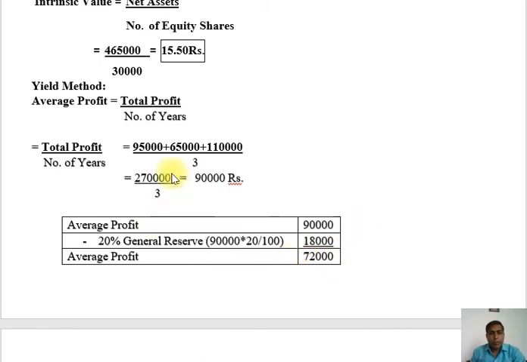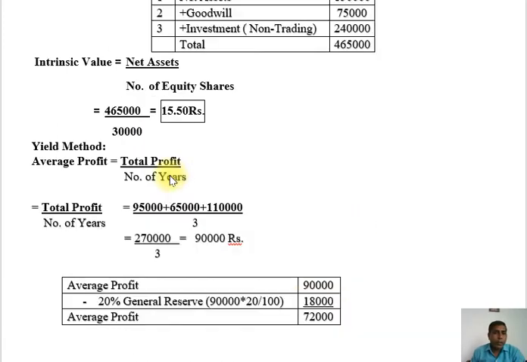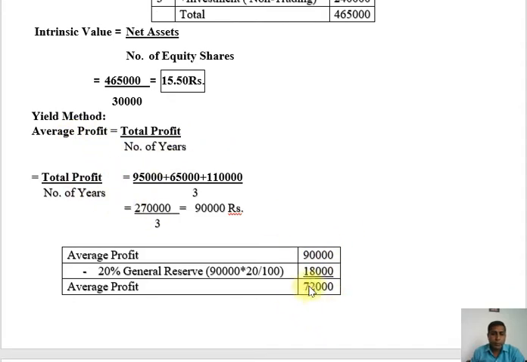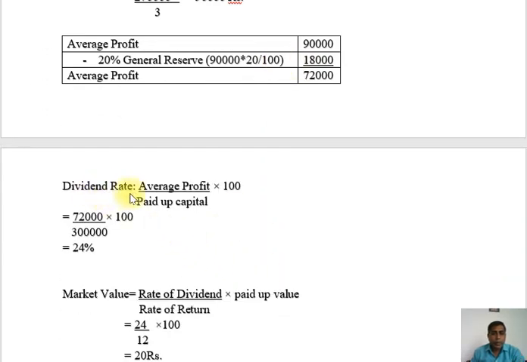Okay friends, first step in yield method, you must find out average profit after adjustment. Then after that, dividend rate. The dividend rate, friends, is average profit upon paid up capital multiply 100.